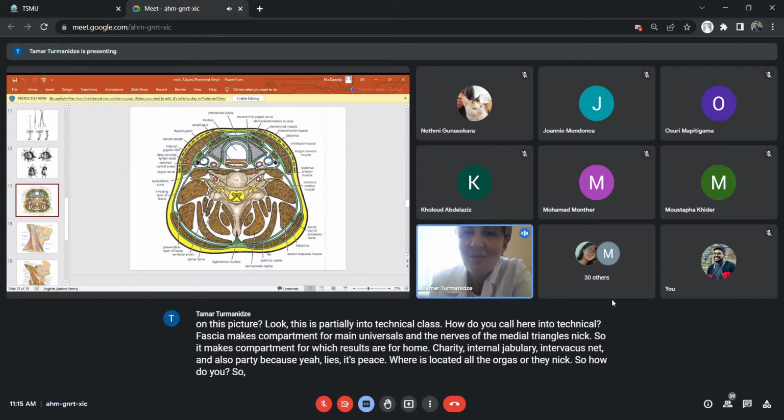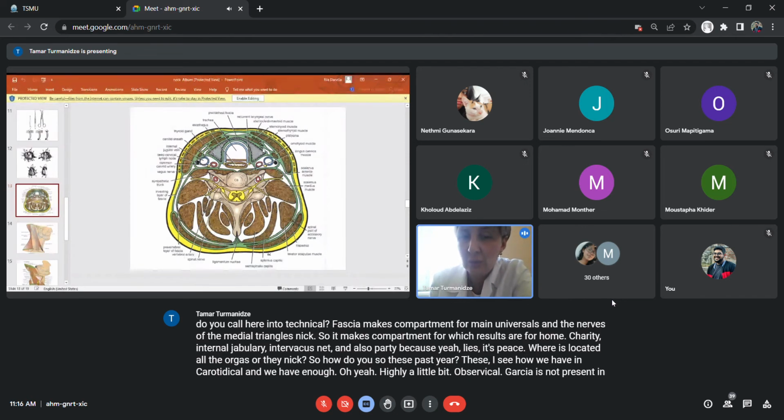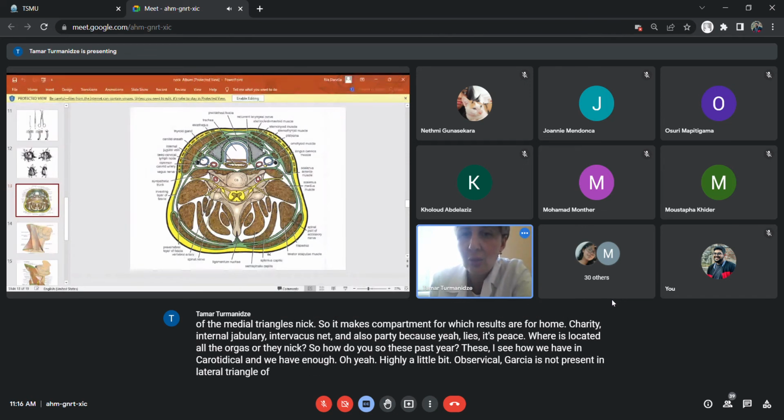So this fascia we have in the carotid triangle, and we have in the omotracheal triangle. The parietal layer of the endocervical fascia is not present in the lateral triangle of the neck, and also it is not present in the suprahyoid region.